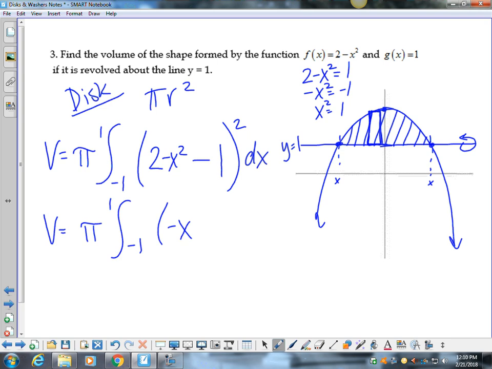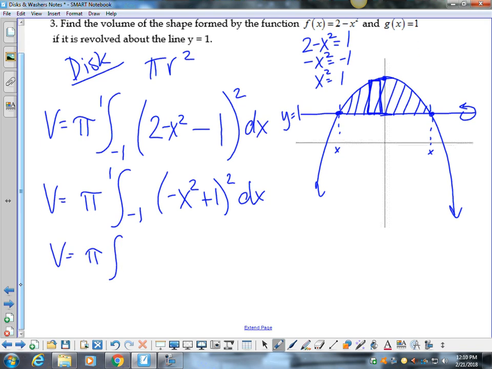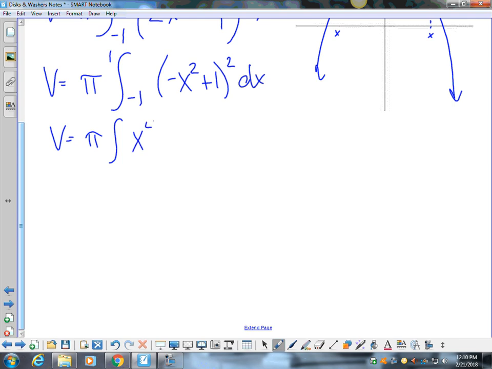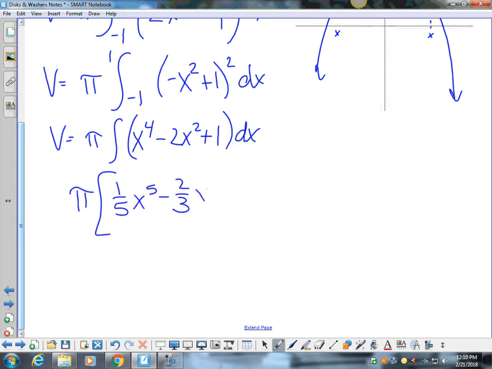That's going to give me negative x squared plus 1 squared. And then I'm going to expand that because I have to take the integral. So x to the 4th minus 2x squared plus 1 dx. 1/5 x to the 5th minus 2/3 x cubed plus x from negative 1 to 1.